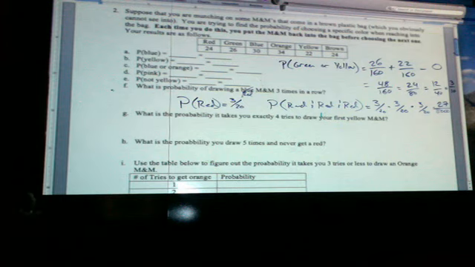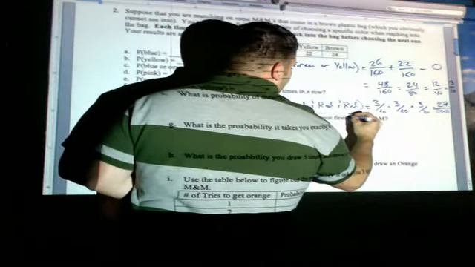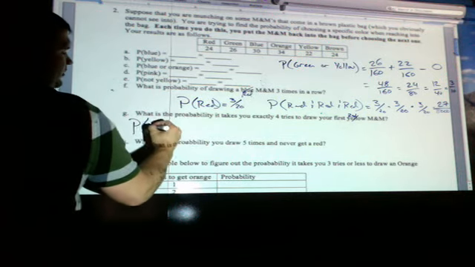Next one, what's the probability it takes exactly 4 tries to draw your first yellow? Now I'm going to switch that one to red as well. If it takes me exactly 4 draws to draw my first red, that means I'm trying to find the probability of not red, and not red, and not red. So that's my first 3 draws. And then the probability of red.